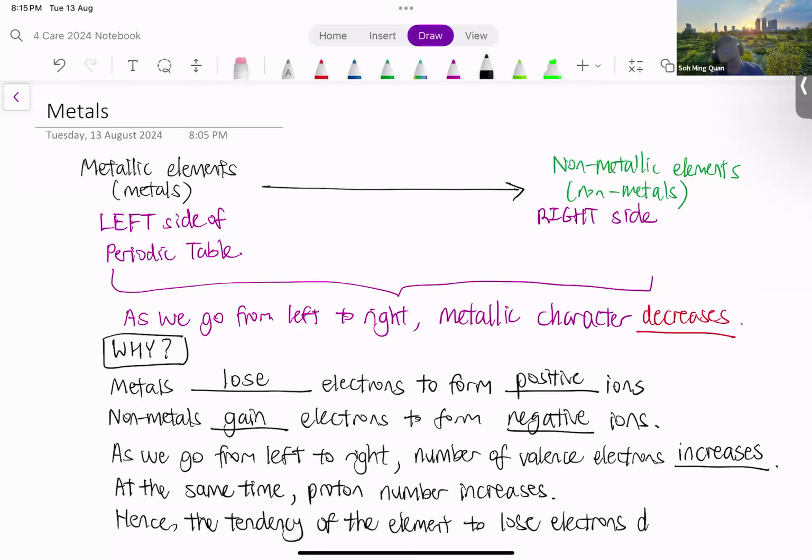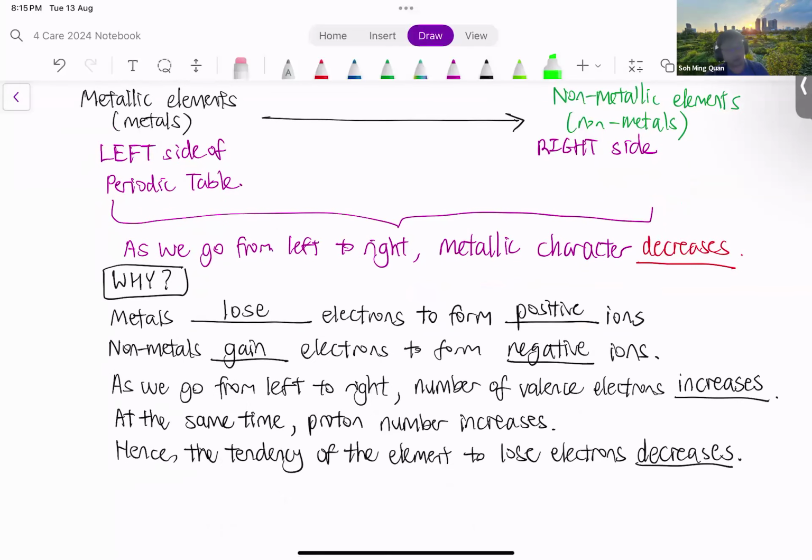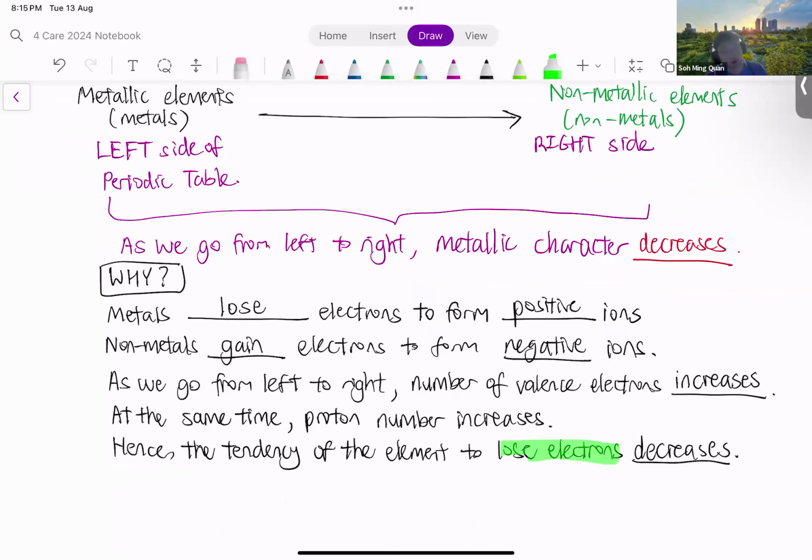So if you think about it, as you go from left to right, the tendency of the element to lose electrons decreases. Meaning, don't want to lose electrons. So who loses electrons? Metals lose electrons. So we know that metals lose electrons, therefore metallic character decreases.